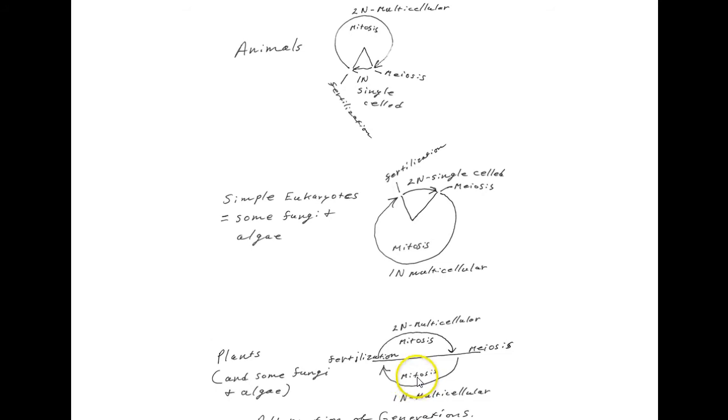Okay, but if we go down to some of the lower plants, like some of the mosses, all of that green that you see in the mosses consists of haploid cells. So a multicellular haploid organism.